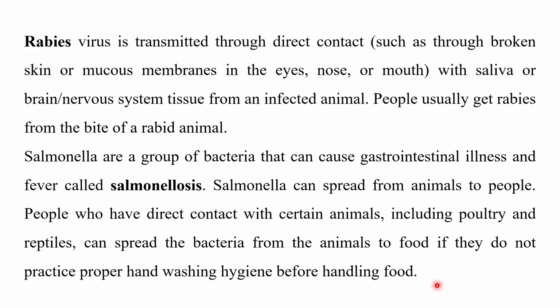So, the rabies virus is transmitted through direct contact, such as through broken skin or mucous membrane in the eye, nose or mouth, with saliva or brain or nervous system tissue from an infected animal. So, let's say a dog or a rabbit is infected by this rabies virus, and then the dog bites the human. This virus is present in the saliva of these infected animals.